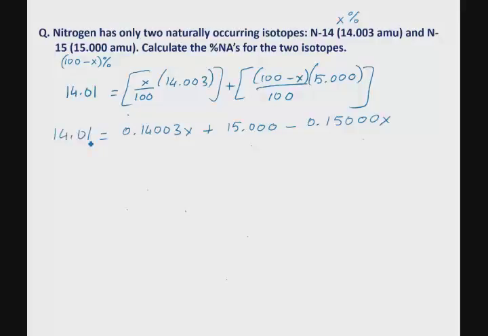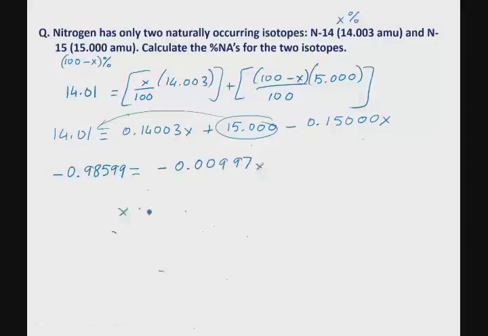If you simplify, you take this number to the other side and add the similar terms, we get minus 0.98599 equals minus 0.00997x, which gives us x equal to 98.90%.